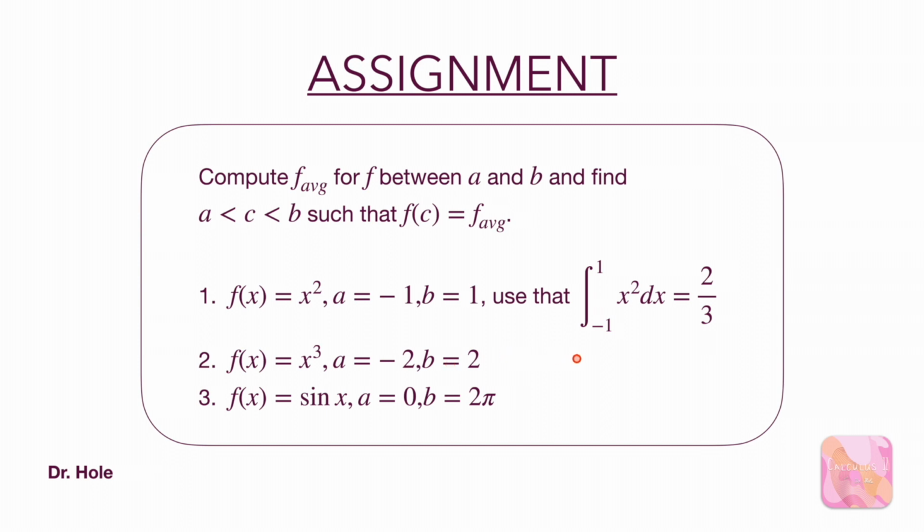Note that you're not given the definite integral over -2 to 2. Hint, sketch a graph. Think of properties of the net signed area in f of x in number 2 and f of x in number 3. In number 3, you have sine of x over the interval 0 to 2 pi.